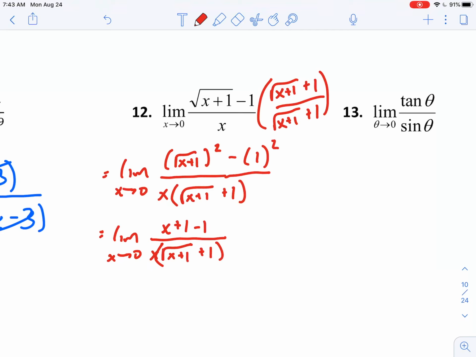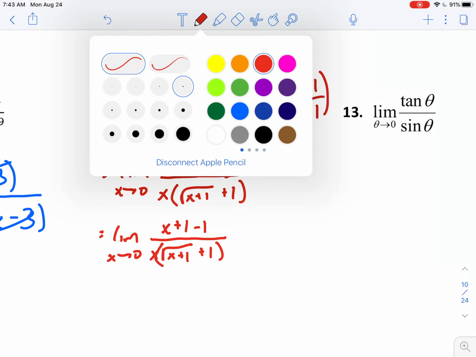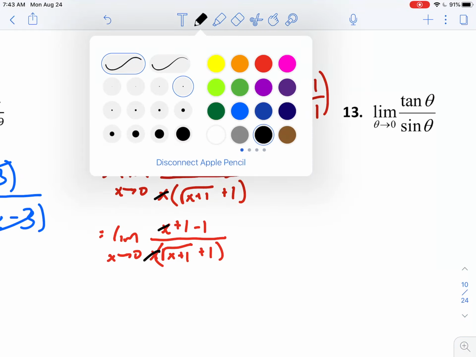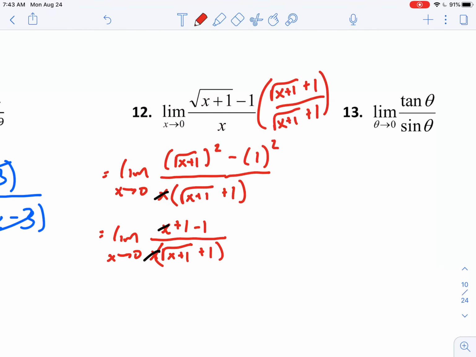Now here a lot of stuff happens. My x's cancel out. Oops, that x and that x. And 1 minus 1 is 0. So I still have the x up there, so I'm holding its spot with 1 over, what do I have here?